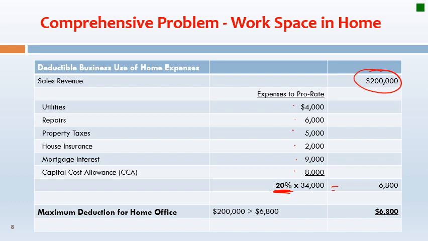This equals $6,800. If we compare $6,800 to $200,000, we can see obviously $200,000 is much greater. Therefore, he can deduct the entire amount of the home office expenses that are relevant, meaning the 20%. So the total $6,800 is his maximum deduction that he's going to take, and he'll take the whole thing.